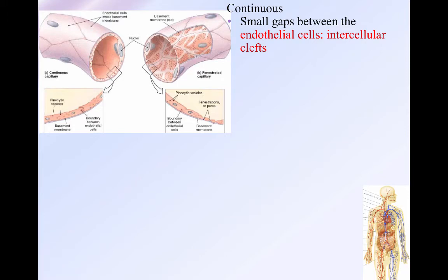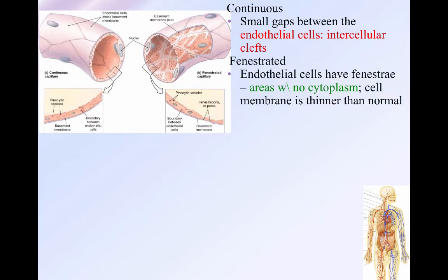And so other stuff which might not pass easily through the phospholipid bilayer of the endothelial cell membrane can get through those intracellular clefts. In some cases, we want capillaries to be even leakier. And so what we do is we squeeze the phospholipid bilayer together, pushing out the cytoplasm. And so right here, there's no cytoplasm.